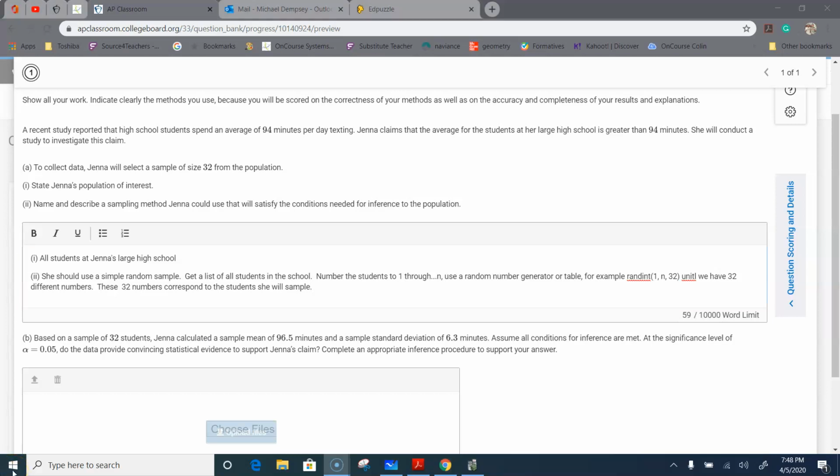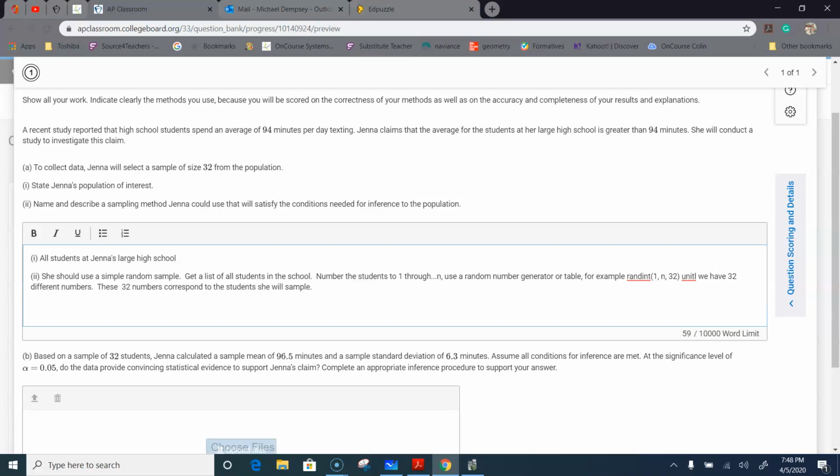Okay, so like my basic litmus test usually is, I try to see like if somebody were going to try to implement this, would they be able to do it? And I think it's pretty clearly laid out. I mean, if you wanted to specify that n is the number of students in the school, right?